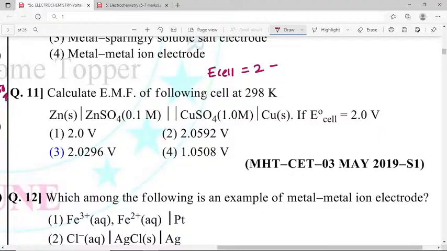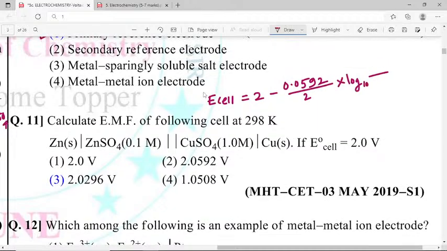So E cell equals E naught cell minus 0.0592 divided by the number of electrons, 2, multiplied by log to the base 10 of the concentration of product over reactant. Zn2+ product concentration is 0.1 and the reactant copper 2+ is 1. So what is the answer? 2 minus 0.0592 divided by 2 into log of 10 to the power minus 1.